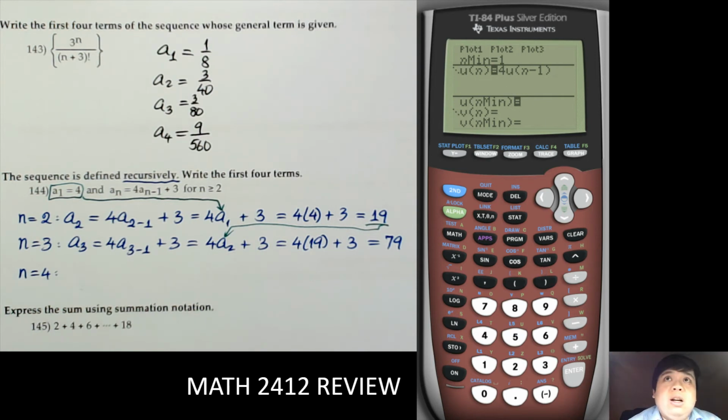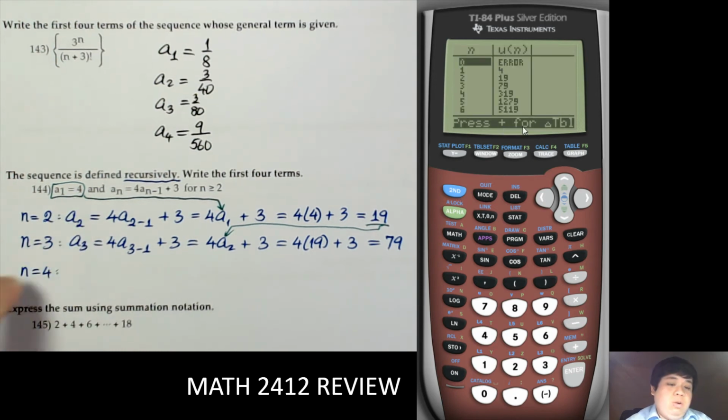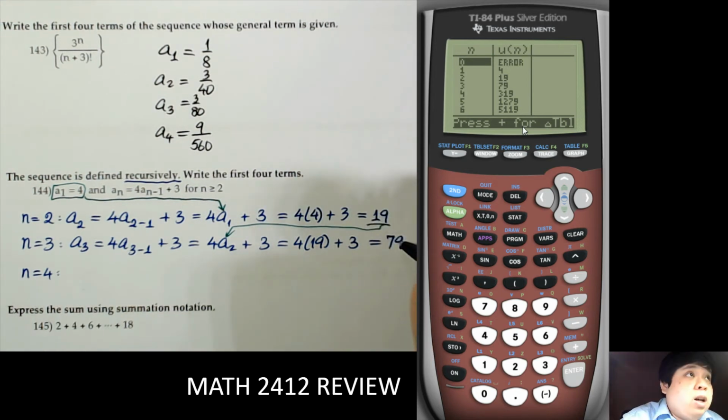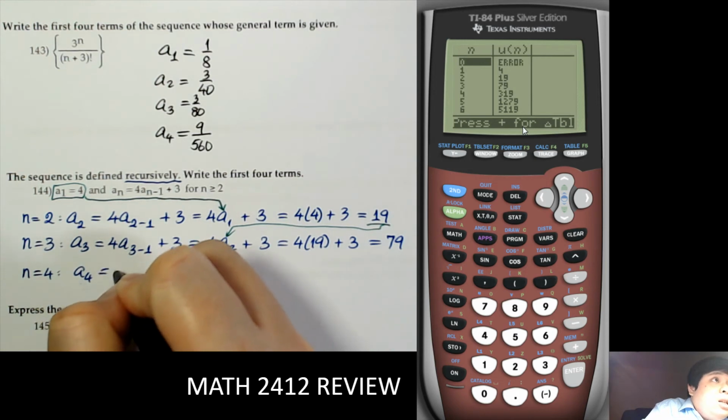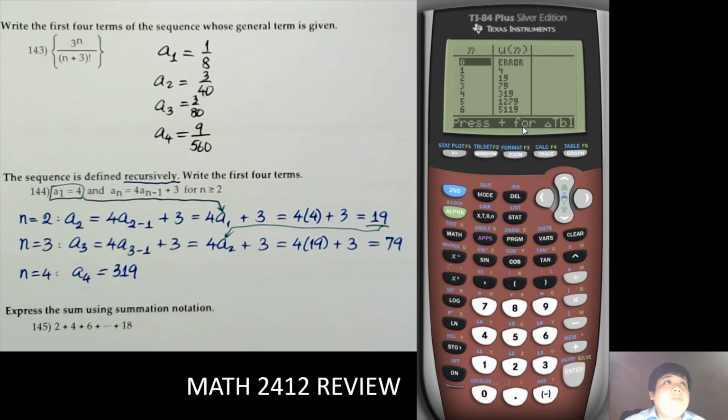So this is a sub n, a of n minus 1 plus 3, and the first term of the sequence is 4. Then we can go to the table and we see all the values. So 4, 19, 79, and the next one is 319. So that is the recursive sequence.